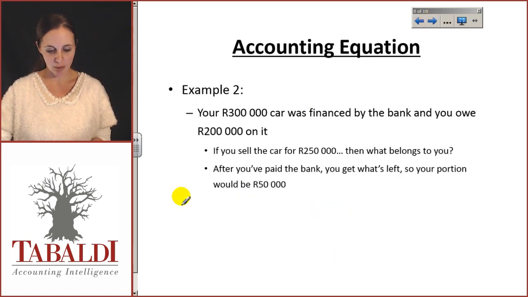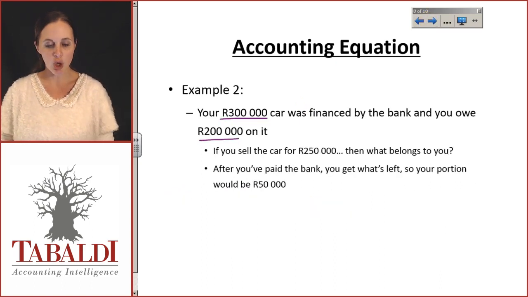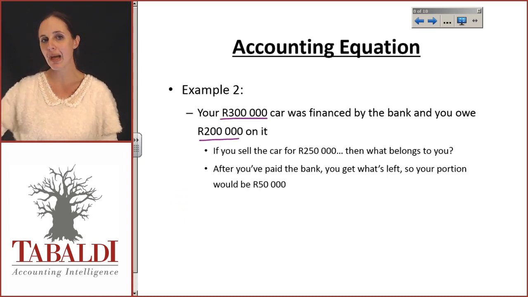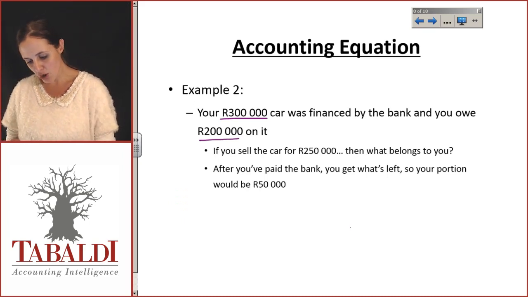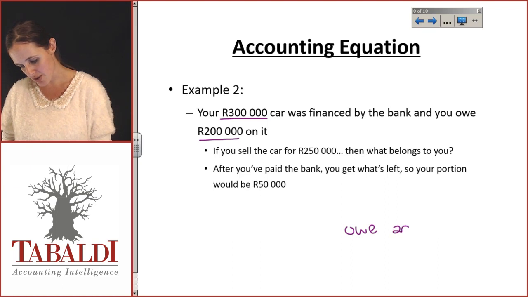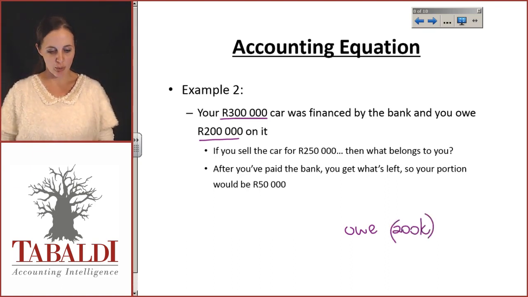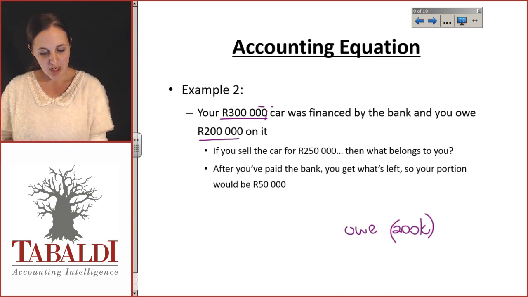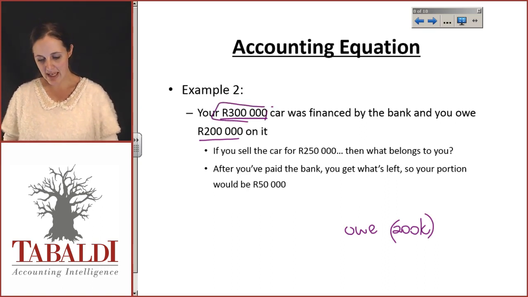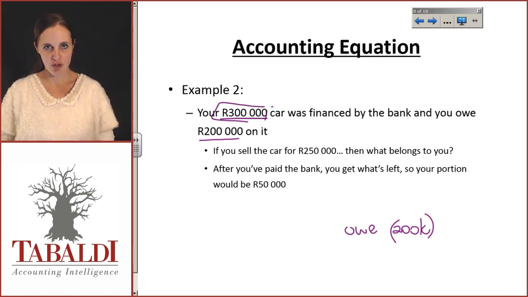Let's take a look at another example. Same 300,000 Rand car. It was financed by the bank, but at the moment you only owe 200,000 on it, so you've paid it off. If we look at that, we then owe 200,000 Rand to the bank. How much do we own in this example? We bought a 300,000 Rand car. So can we say then that it's worth 300,000?